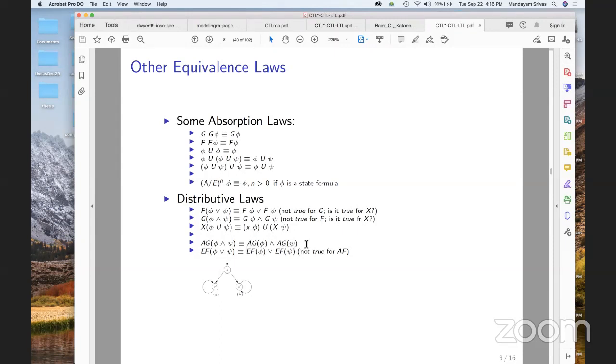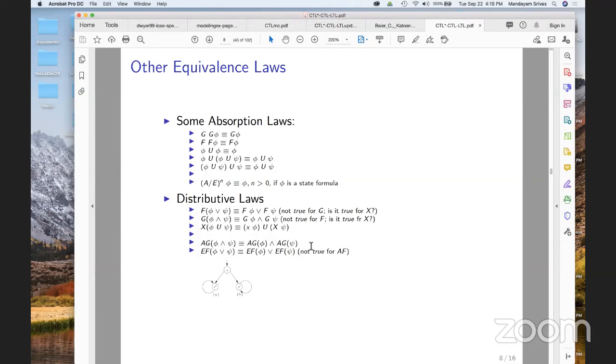This is true, but this is not true of EG. So this G lifting can be done as long as you have A, but not when you have E. When you replace A with E, this equivalence is not true.